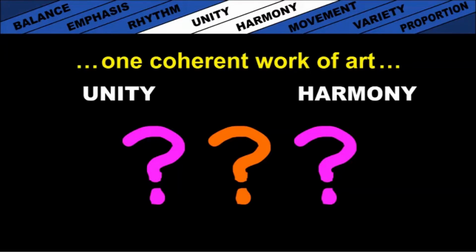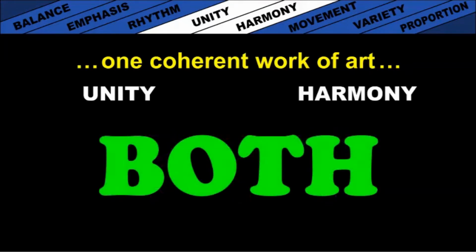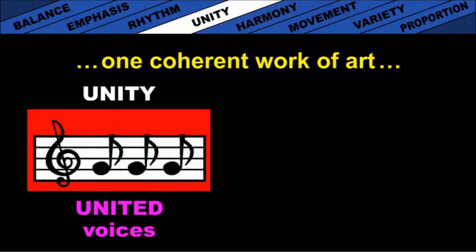The principle of unity and the principle of harmony are very close in meaning. Both principles of design involve elements that are working together to produce one coherent work of art. The principle of unity can be compared to singers who are singing in unison.